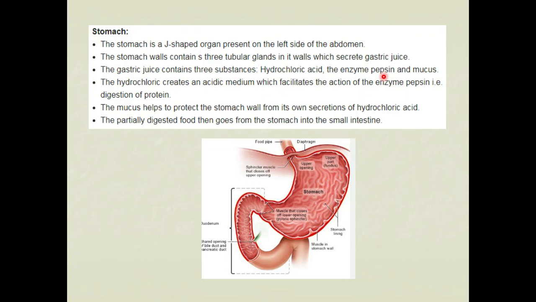Even though we have the pepsin, we need hydrochloric acid's help to activate the pepsin because pepsin only helps to digest the protein. Now the partially digested food will be passed on from the stomach to the small intestine.